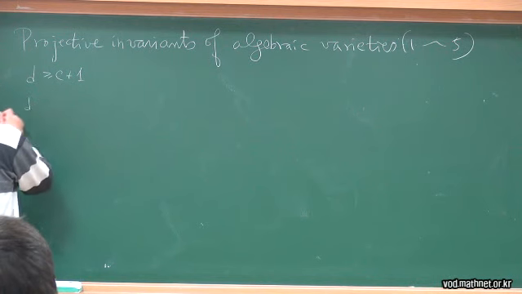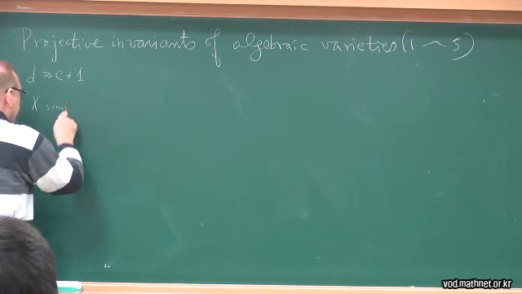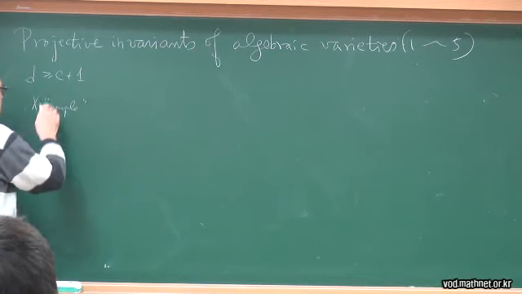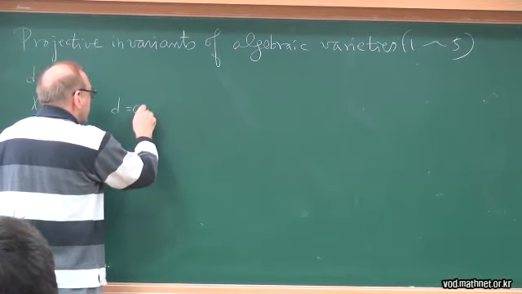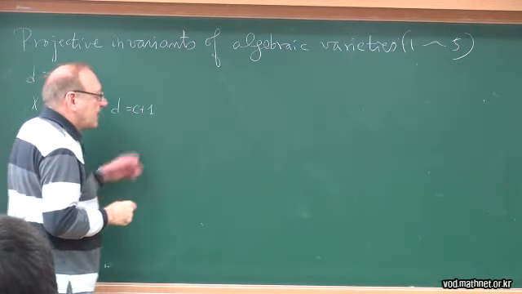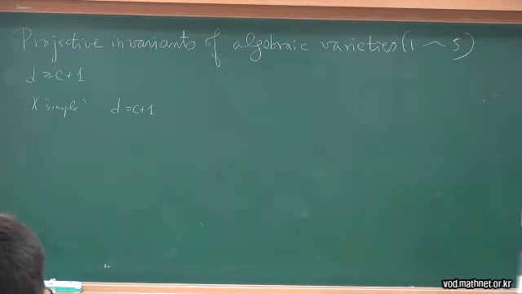So X simple means the degree is small, and the simplest varieties are those for which the degree is minimal. And these varieties of minimal degree were classified a long time ago, more than a century ago.